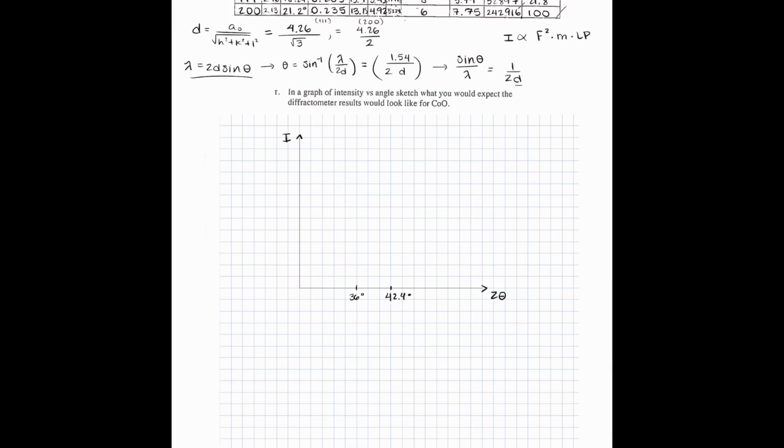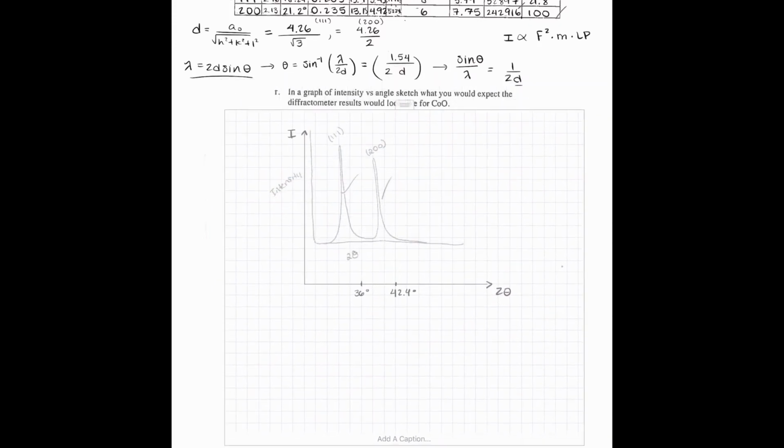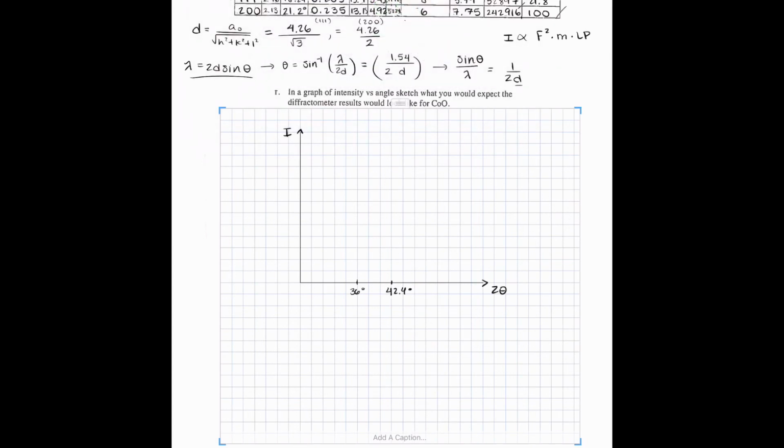The 200 is 100% of the intensity, so it has the maximum height. Let's say it's there. The 111 is therefore 21% of the 200, so it should be about 20% as high. So this is the 200, and this is the 111.